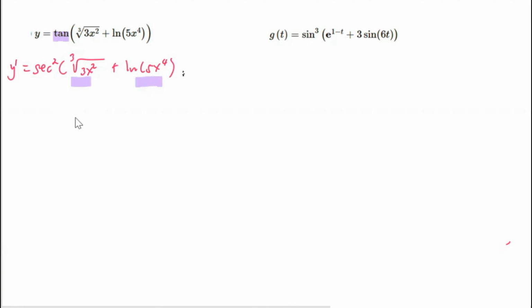So on the first term, that's a cube root. Express that one in your mind as a fractional exponent. So that would become 1/3 times (3x²) to the power of 1/3 minus 1, which is negative 2/3, times the derivative of 3x². If you are going to use the chain rule, take note that in the chain rule we have power first.